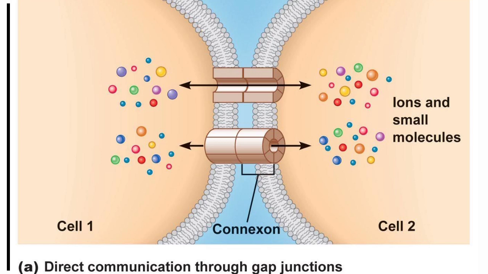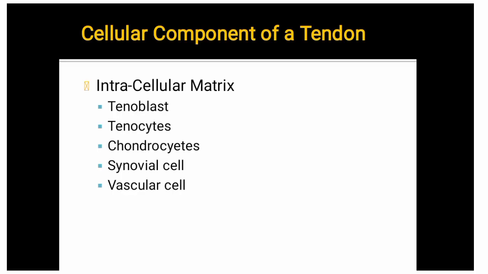The connexins are numbered, and the ones we are interested in for cell communication and tendon regeneration are connexin 26, 32, and 43. Connexin 43 is situated in gap junctions between cells in rows along with the collagen fibers. Connexin 26 and 32 have a more diffuse pattern.